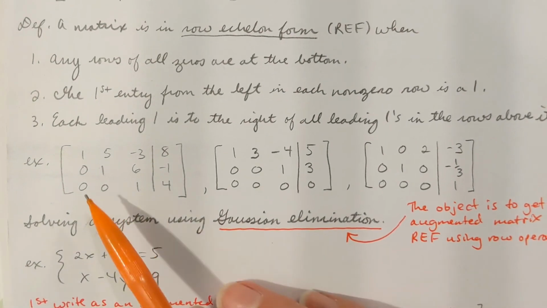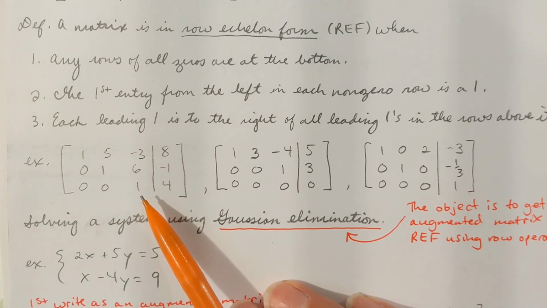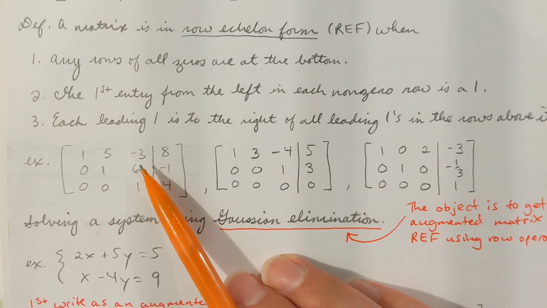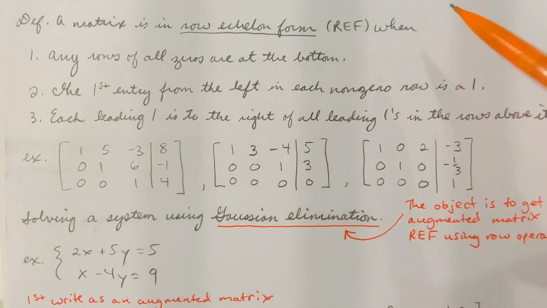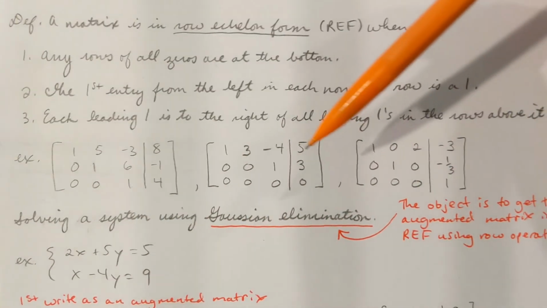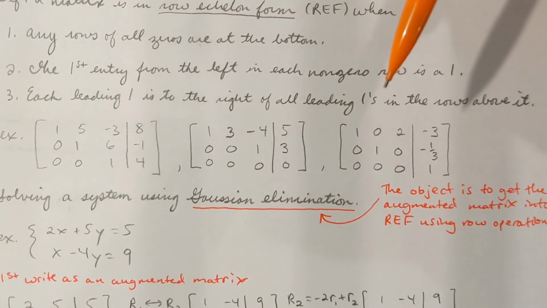So if you have a row where the first number, if it's not 0, is 1, then any row right above it has to have a 1 that would be to the left of that number. Here are some examples of augmented matrices that would be in row echelon form.